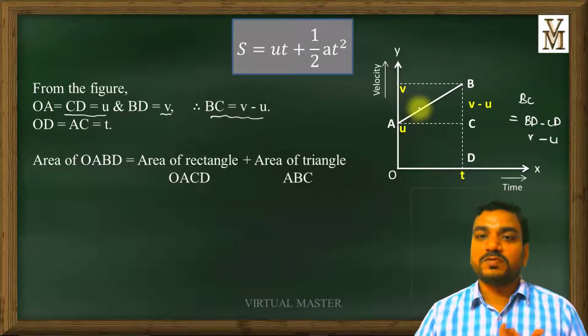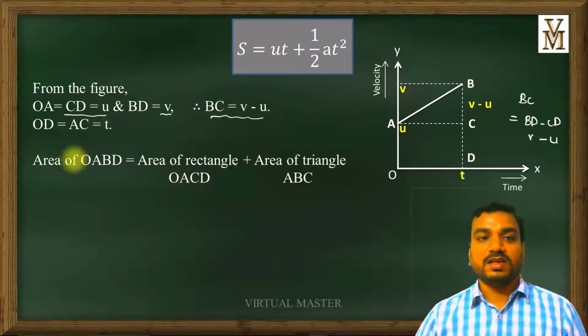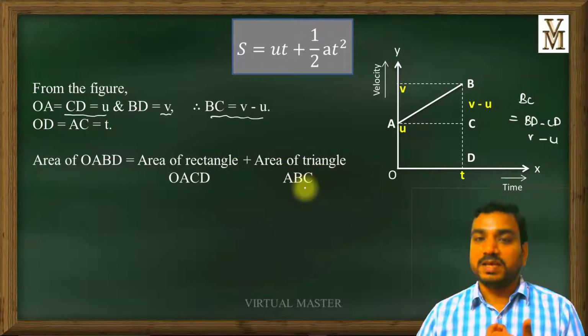Now from the figure, I can easily say that the area under the curve AB will be equal to the area of the rectangle OACD plus the area of the triangle ABC. That is, area of OABD equals area of rectangle OACD plus area of triangle ABC.